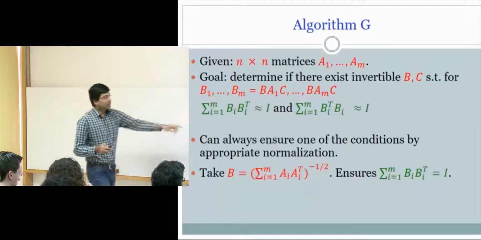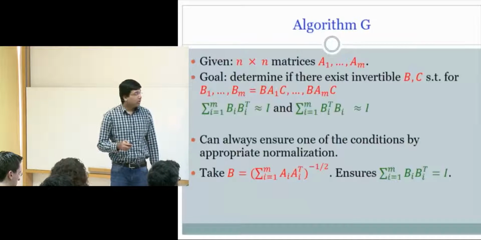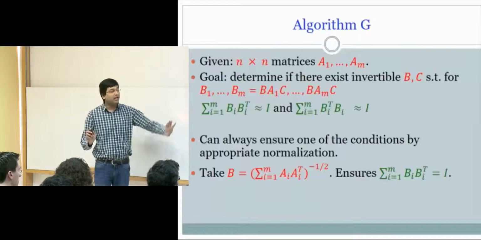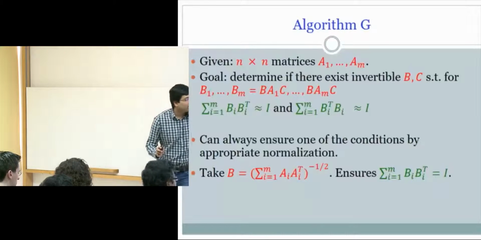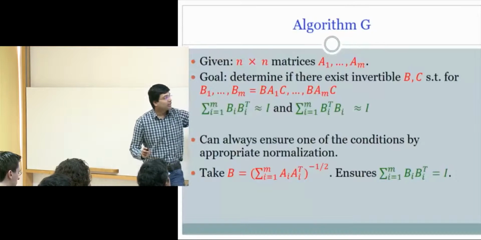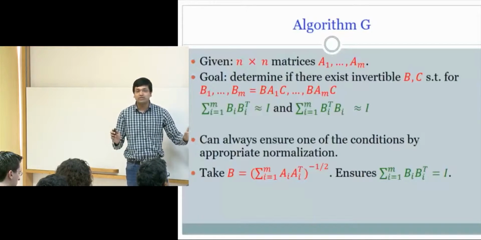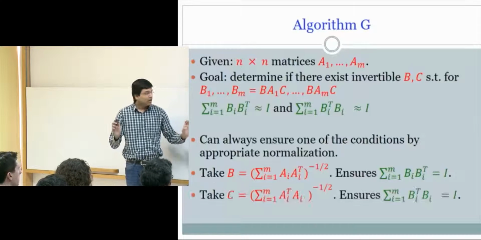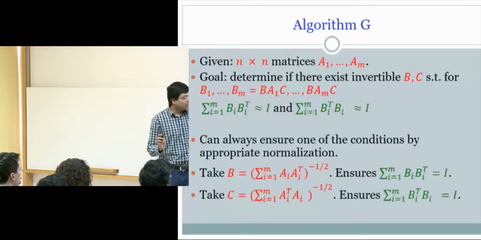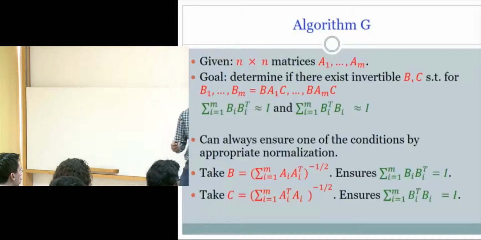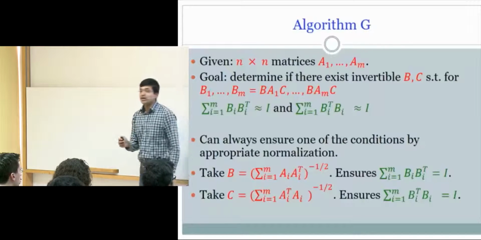So B is that and C is identity. Just multiply on the left by this summation ai transpose to the minus half. Then this ensures that summation bi transpose is identity. You can also take C to be the other way around, summation ai transpose ai to the minus half, and B to be identity. This ensures the other condition, summation bi transpose bi is identity.